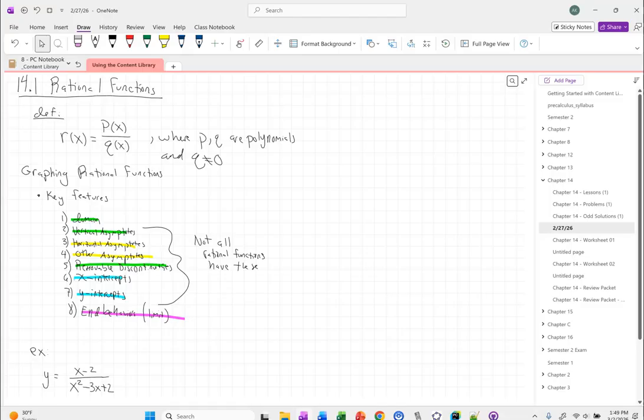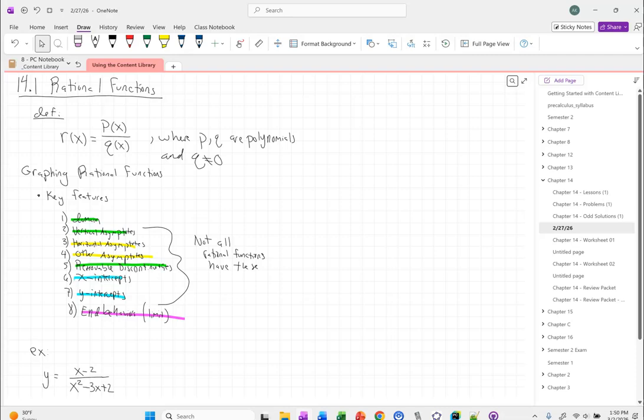We're going to group these features together because at some point we're going to give you a rational function, ask you to find all these things, and then use them to build the graph. Before we go all the way there, we're just going to worry about how we find these things for starters. So that's what we're going to focus on today.